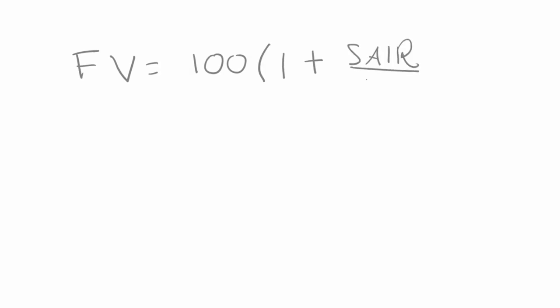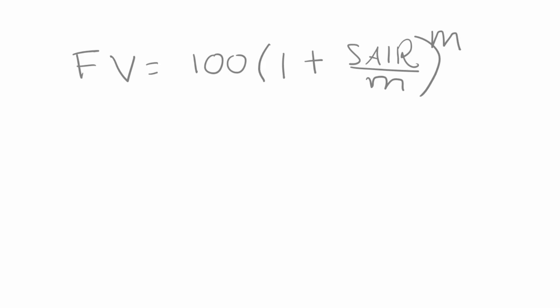Okay, so what's the general formula? The general formula is that the future value is equal to, well, let's just say it's $100 that we start with, times 1 plus, so our period rate is the stated annual interest rate divided by our compounding frequency M. And then we compound this M times. That's our future value.